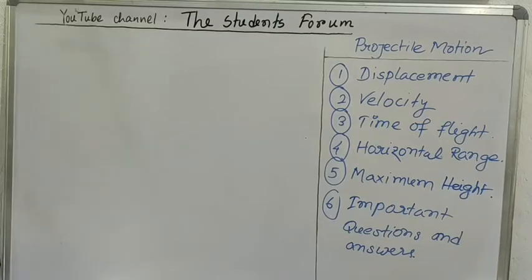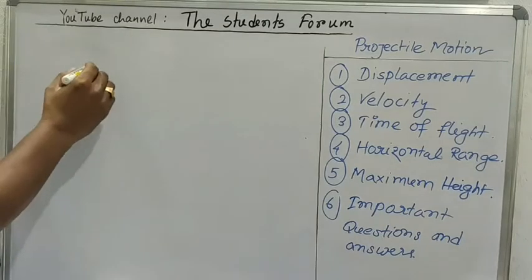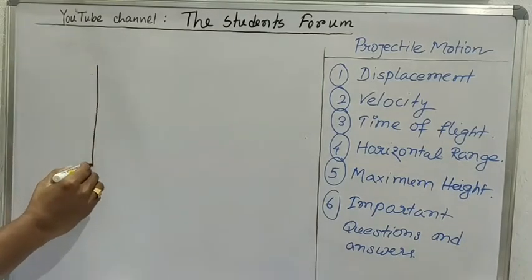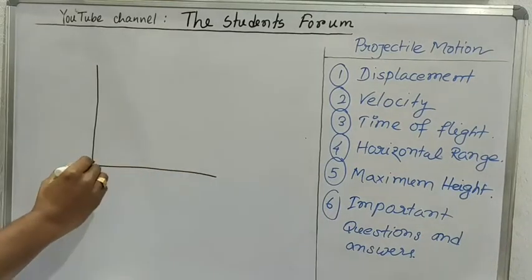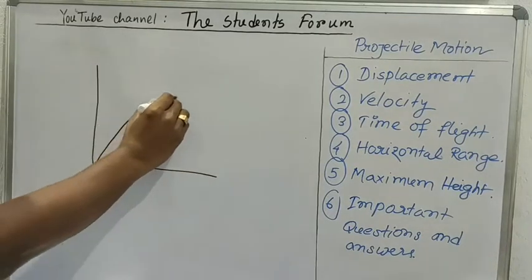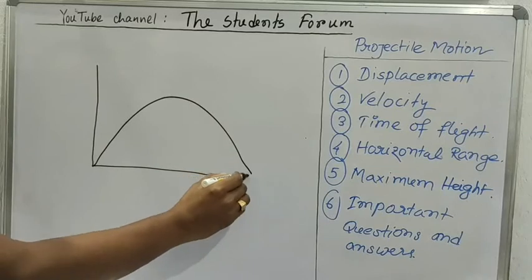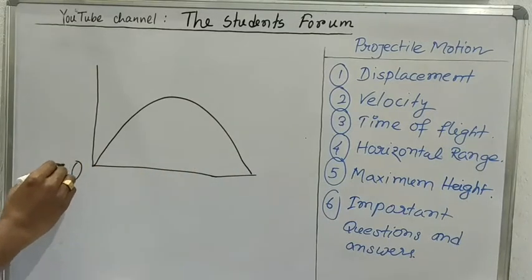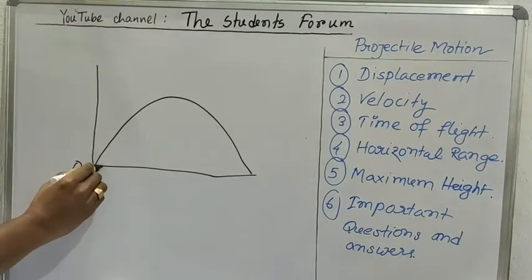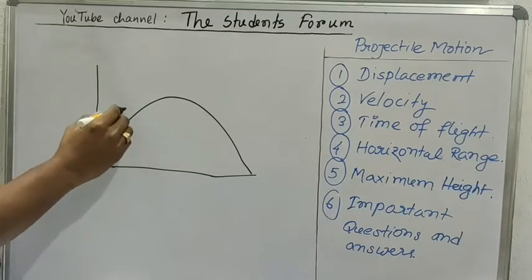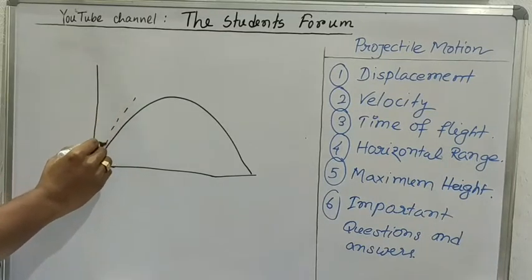A body is said to be in projectile motion when it is thrown near the earth's surface and it moves along a curved path only under the effect of gravity. Suppose one object is thrown from the point O. This is the surface of the earth and it will be projected at an angle.